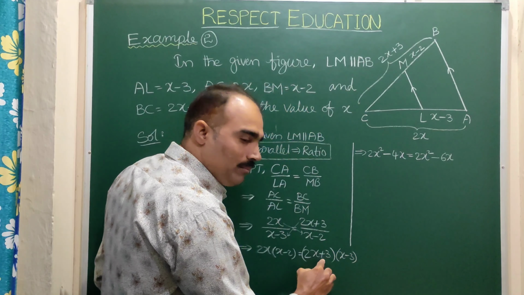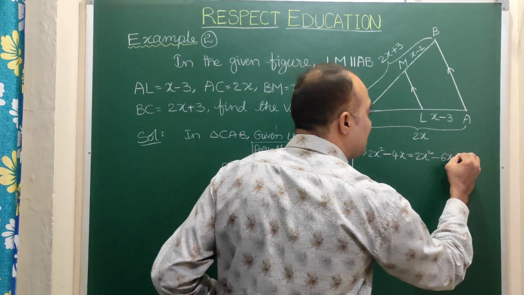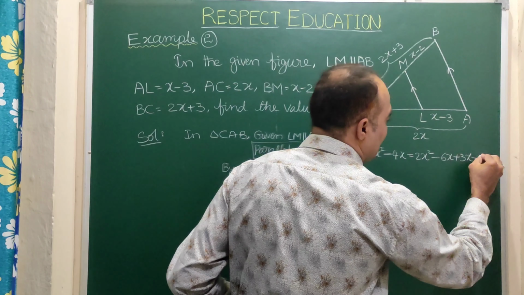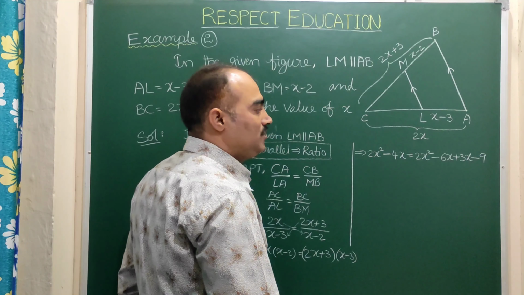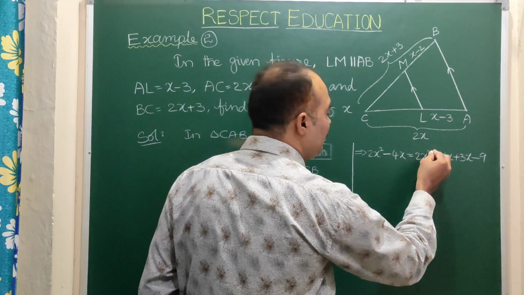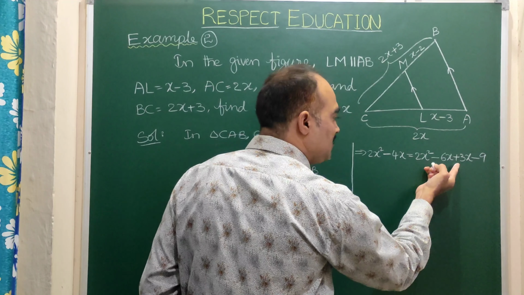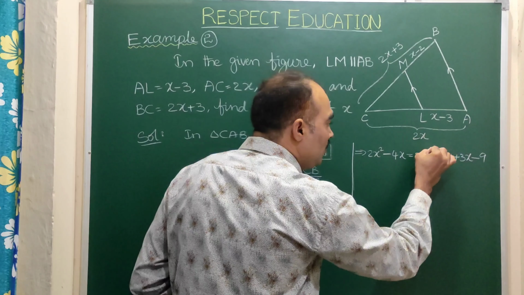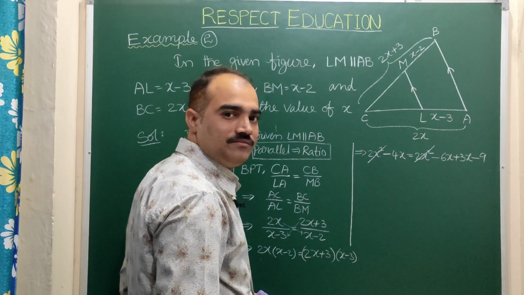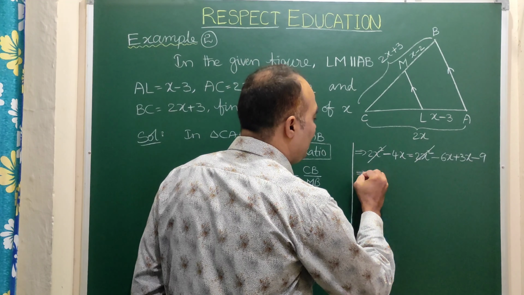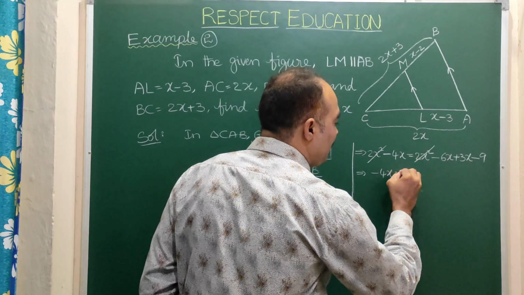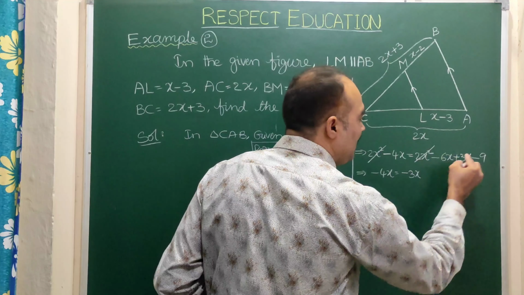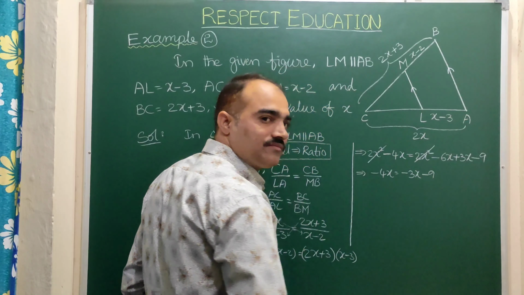Same way plus 3 into plus x is plus 3x, plus 3 into minus 3 is minus 9. So let us bring these terms to either side. However you do, 2x square get cancelled. Now here minus 4x is left, minus 6x plus 3x, that is minus 3x, here minus 9.